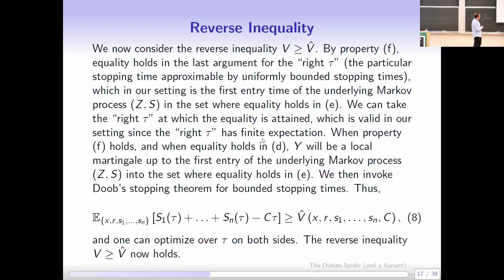It's the first entry time of the Markov process Z, S. Z again is the Brownian spider, and S is a vector of the supremums, in the set where the equality holds in property E. And when property F holds and when equality holds in D, Y will be a local martingale up to the first entry time. You then invoke Doob's stopping theorem and the reverse inequality holds.